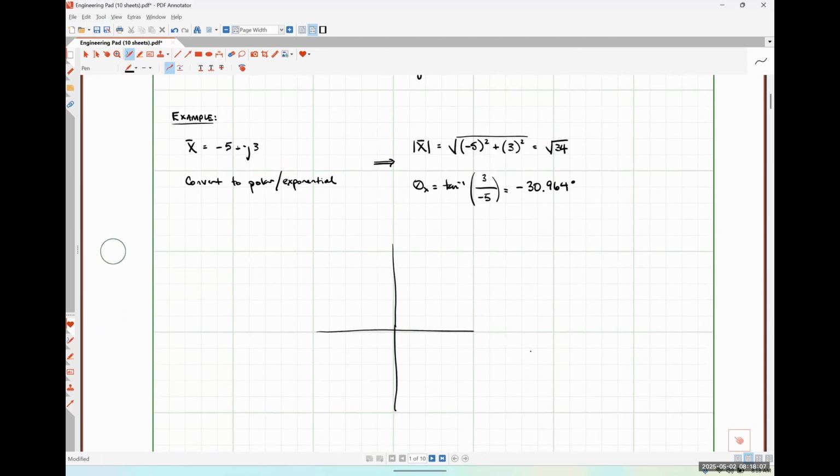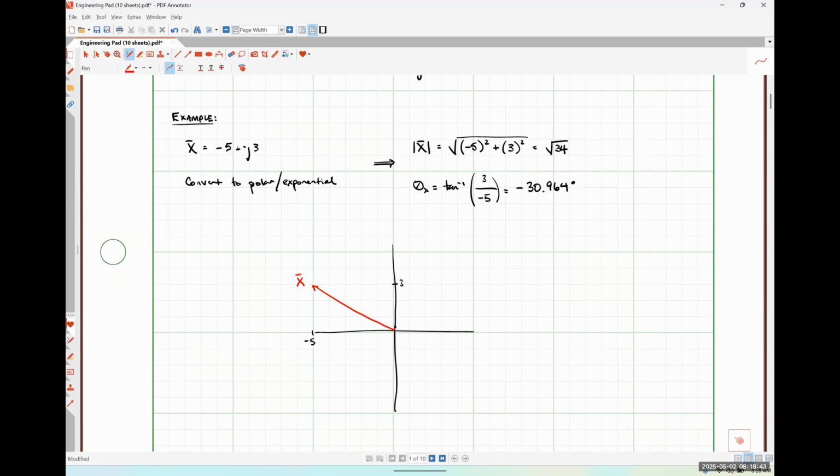So if I were to plot this thing out, let's say I need to go -5 in the x direction, so let's call that out to here. So this is going to be -5, and then +3 in the y direction. This would be my complex number x as it was defined in rectangular coordinates, right? Well, if we wanted to find x based on these polar coordinates, we would need to go out the square root of 34.